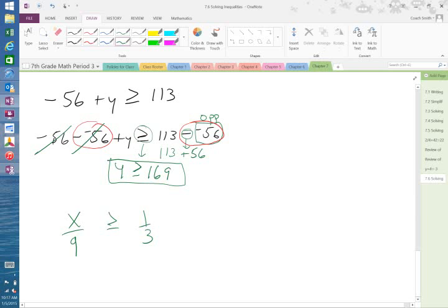Now, your little brains have kicked in probably by now, and you're no longer the Christmas zombie brain, or the Clash of Clans zombie brain, or Boom Beach zombie brain, all right? And you started freaking out because, oh my goodness, not only do they have fractions on one side, they've got them on both sides. I can't do this problem.